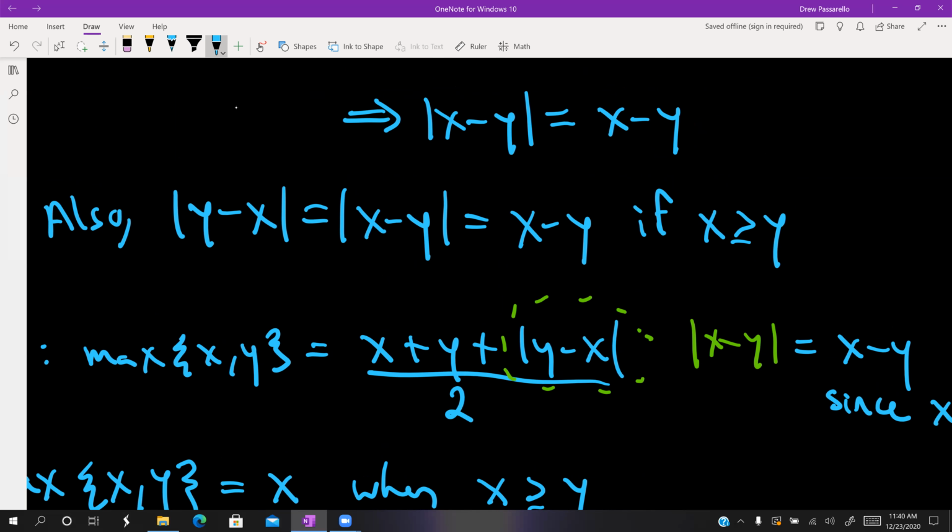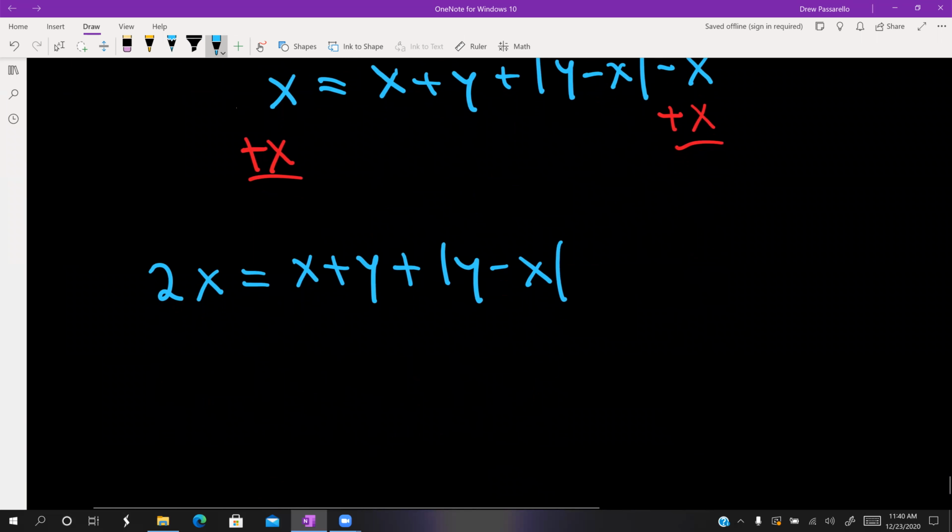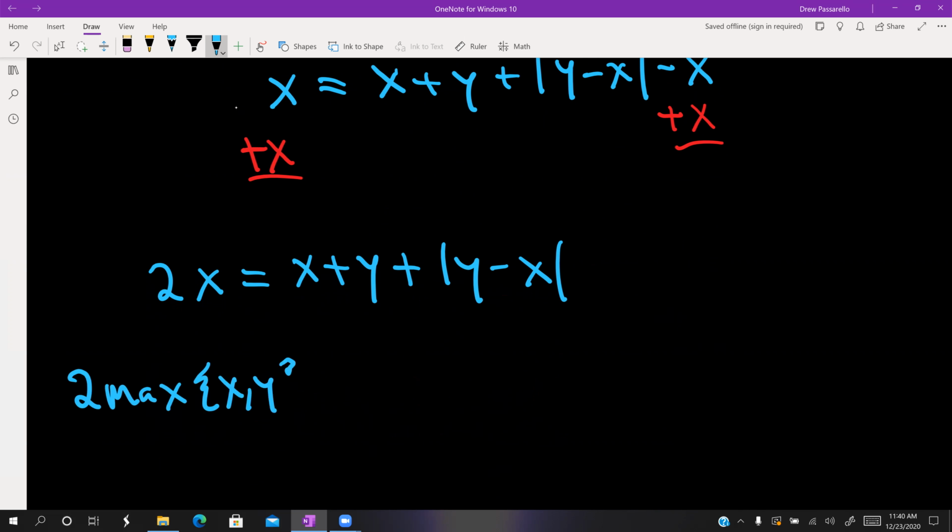I have all of that, and then I need to divide by 2. So after adding x to both sides, I had 2x equal to x plus y plus the absolute value of y minus x. And x is the max. So really this is 2 times the max of x and y.